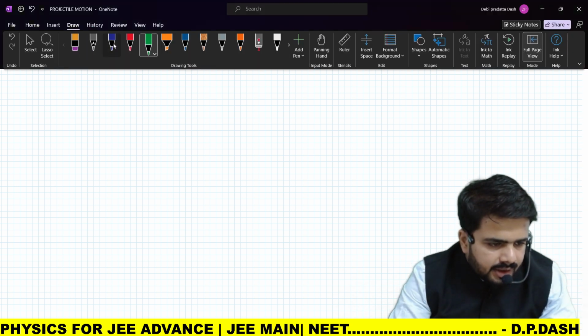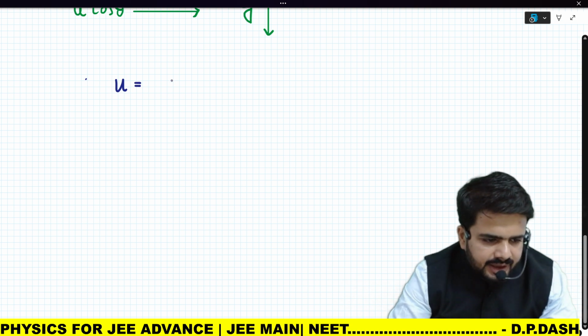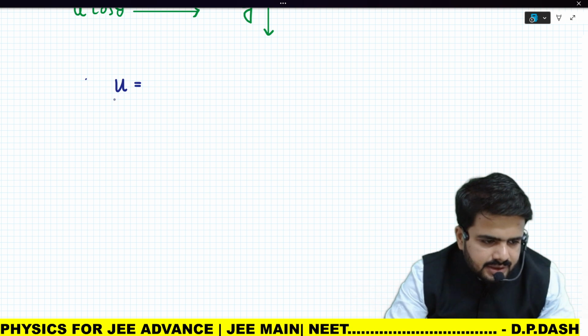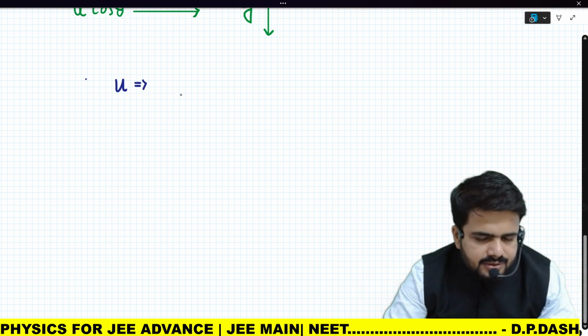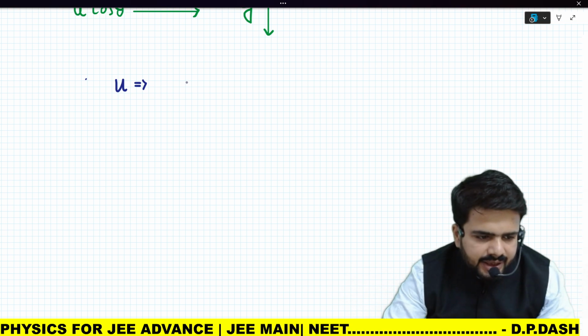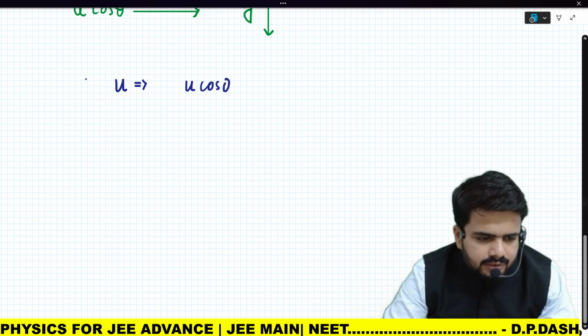Okay, so here we'll write down a few important conclusions. Suppose I consider the initial velocity of a projectile to be u. We have thrown it with the initial speed of u. Then when you split this u velocity into different components and write it in terms of i cap, j cap, you can write it as u cos theta i cap plus u sin theta j cap.